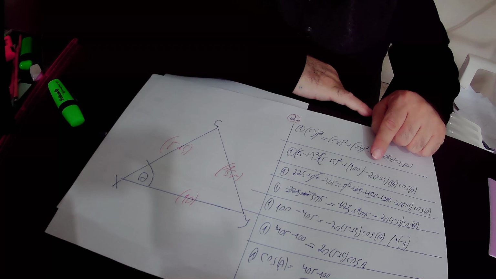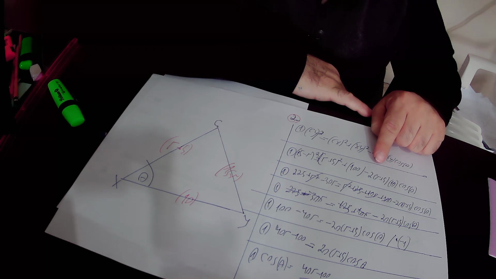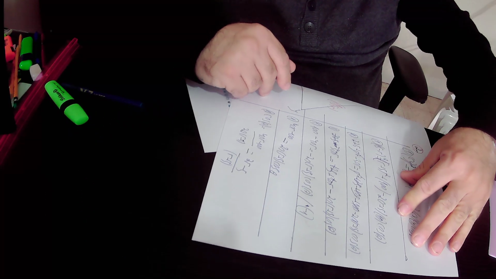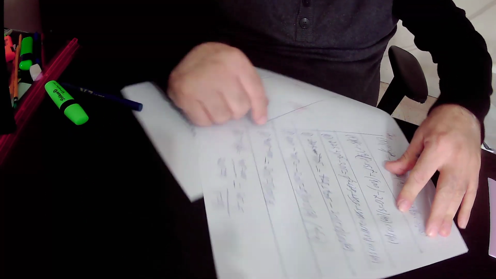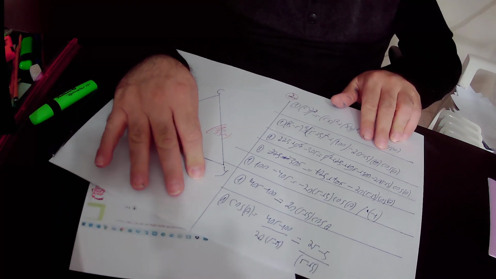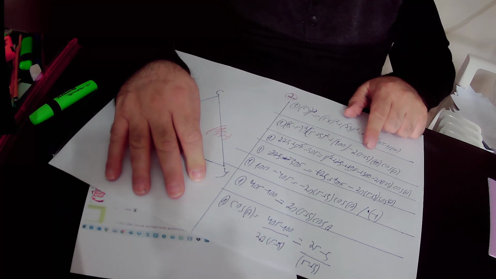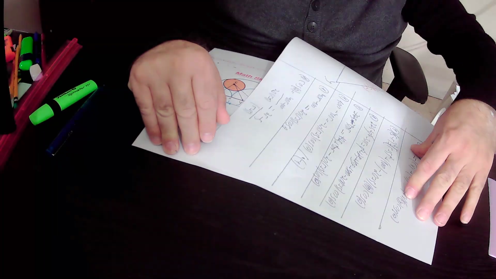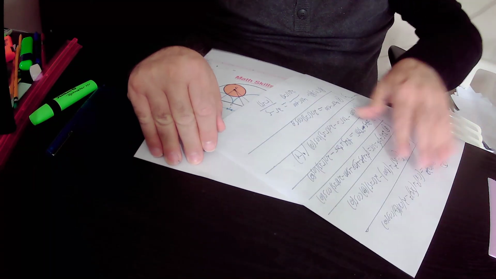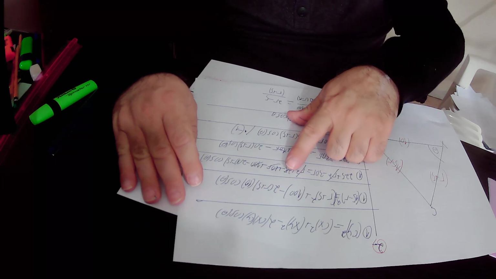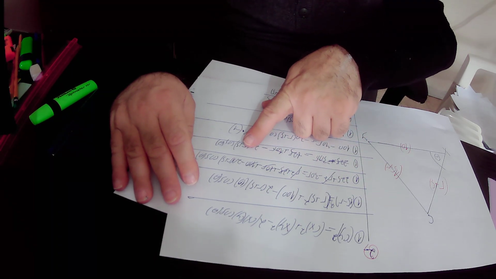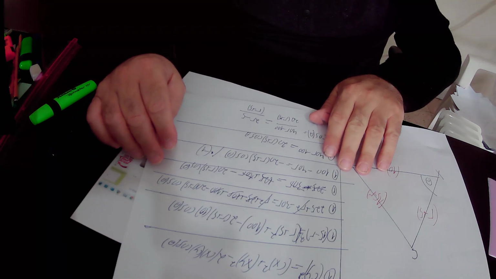Minus 2 times 10, that is minus 20, times R plus 5 times cosine theta.